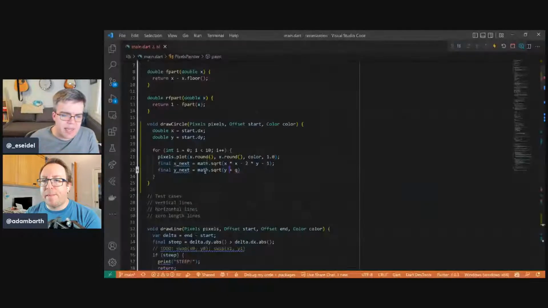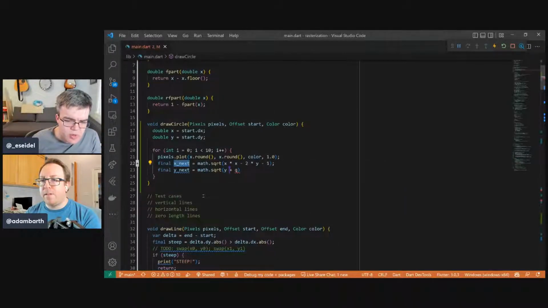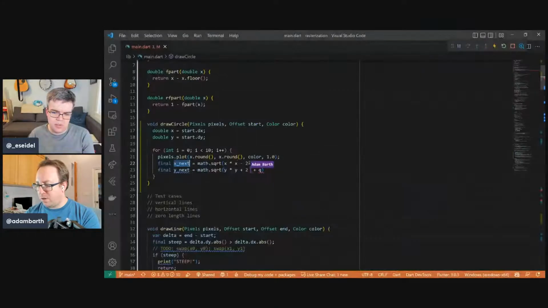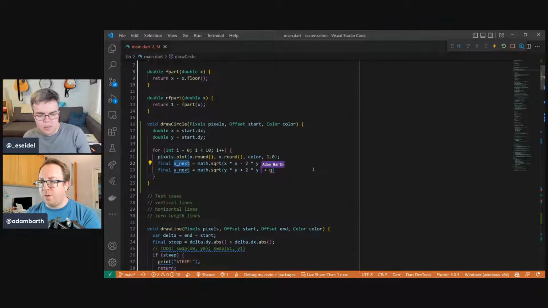So when you say x next, is this x squared next? Oh, well, that's why I put a square root. I see. Or what was the equation? I lost it again. So let's see. y squared next is equal to y plus 1 squared, 2 times y times y, and it's 1.